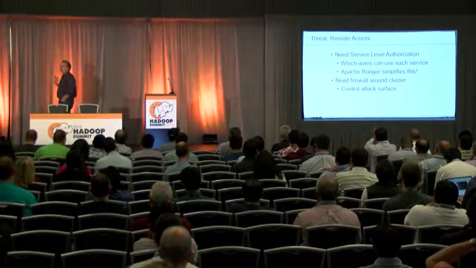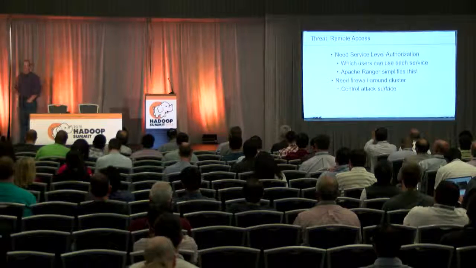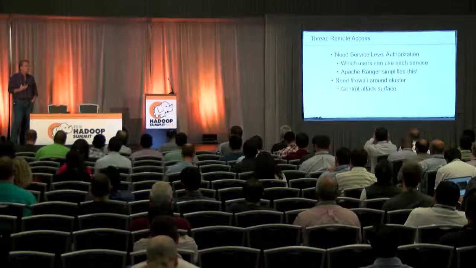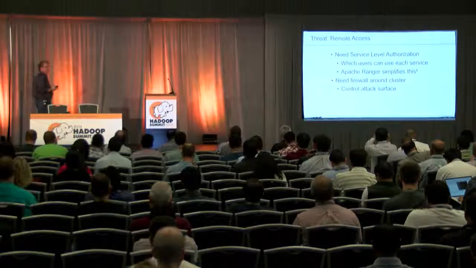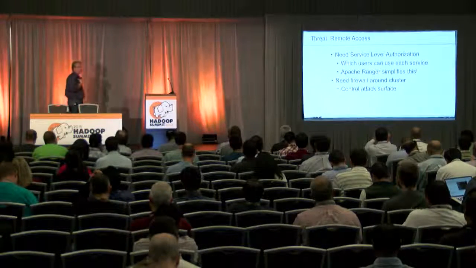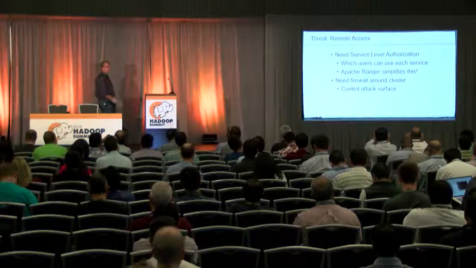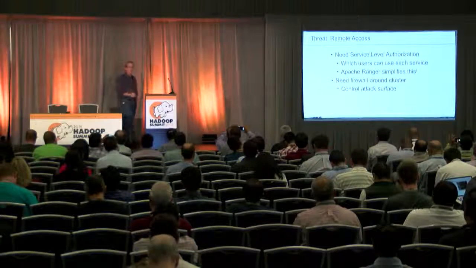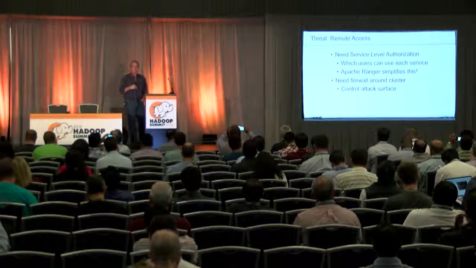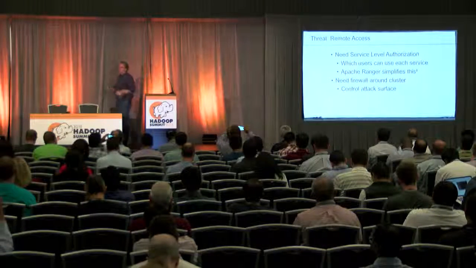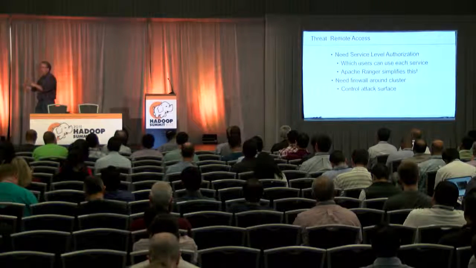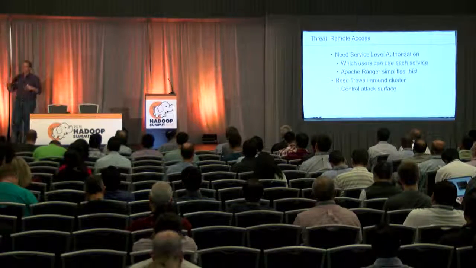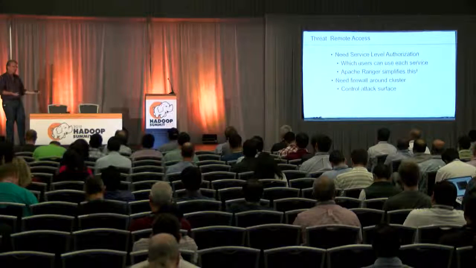Okay, now if the user is outside of your cluster, what do you need to do to protect yourself? Fortunately, each of the services provides a service level authorization. This is so that you can define the list of users that are allowed to access that service. Because especially if you're missing that firewall, then anyone in your network can connect into the name node and do an LS.